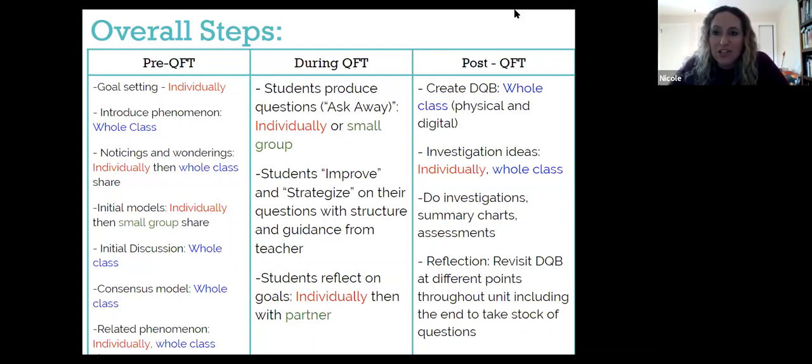Personally, I grade just assessments in my classroom. We're a standards-based school, so everything we do is pretty much practice until that assessment. So I don't grade the summary charts. We do the summary chart together as a class, or they do it individually, then we go over it together, but they use the summary charts to help them with the assessment. So I grade transfer tasks, meaning that I won't ever ask them about the chicken and the egg and grade that.